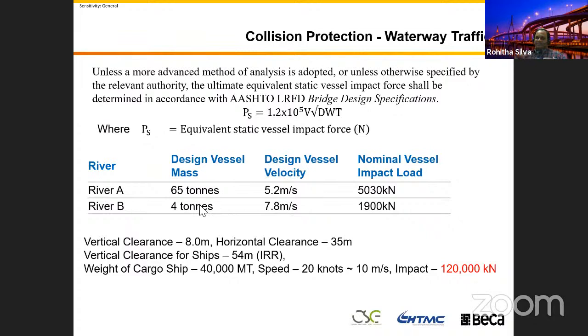If it is a bigger size, a 65-ton vessel, definitely the heavier the vessel, the slower it moves. If it is 5.2 meters per second, it should be in knots, but I converted that to meters per second for you to understand it. The impact force is 5,000 kilonewton. But if you talk about a ship with 40,000 ton, this is a container ship.